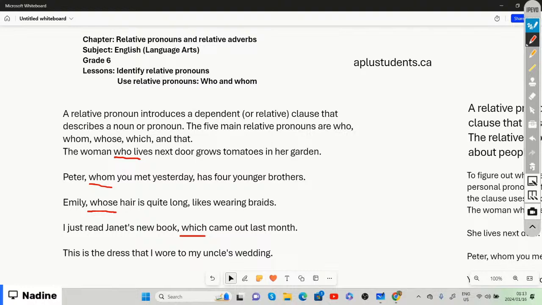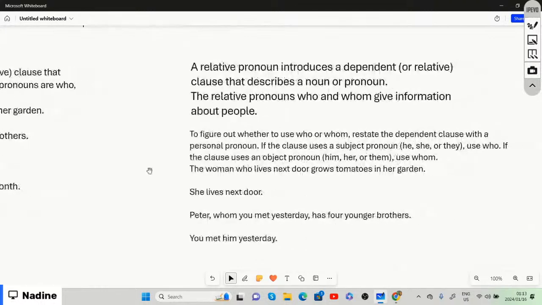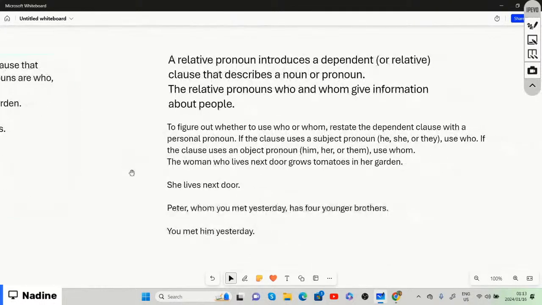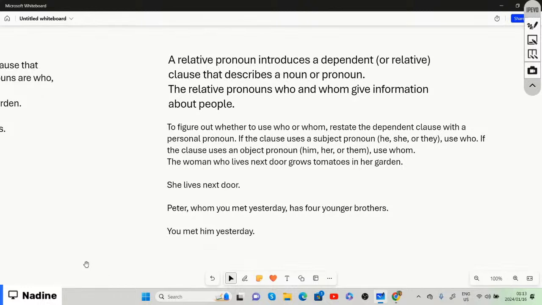All right. So when it comes to relative pronouns, we said it introduces a dependent or a relative clause that describes a noun or a pronoun. And the relative pronouns who and whom give more information about people.